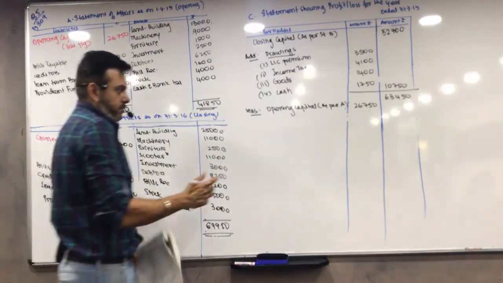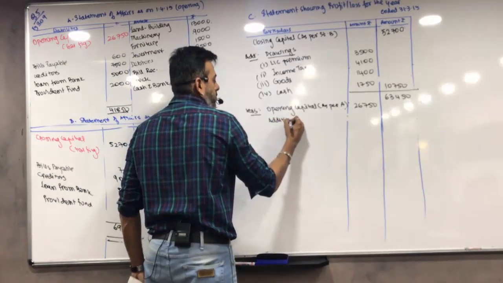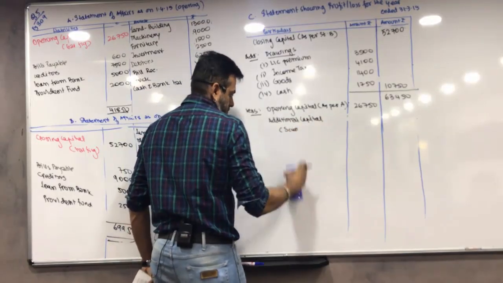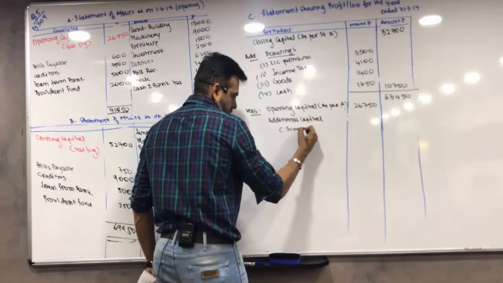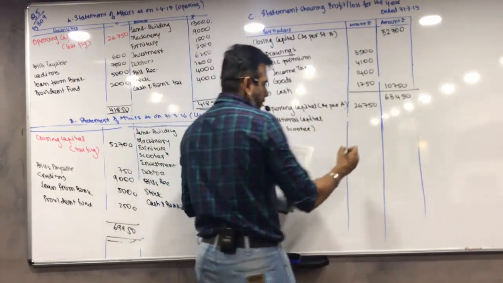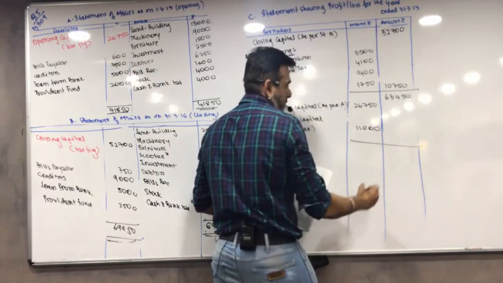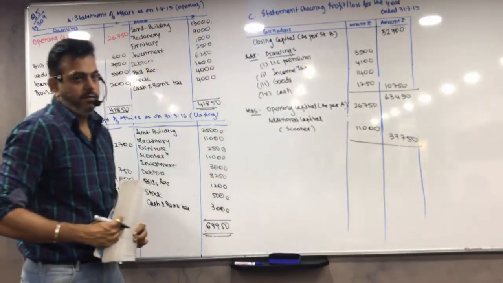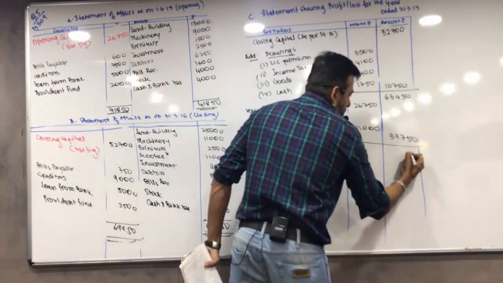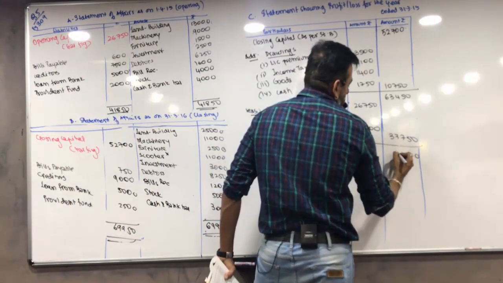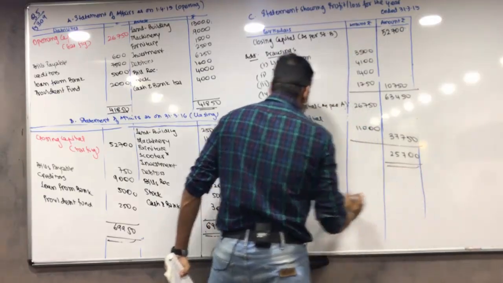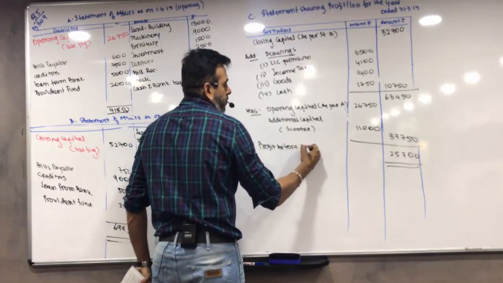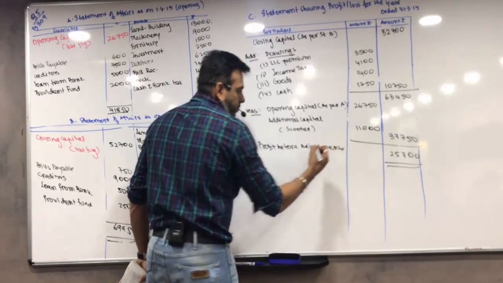And additional capital, which is scooter, is 11,000. 37750. 25,000 profit before adjustments. This is the answer.